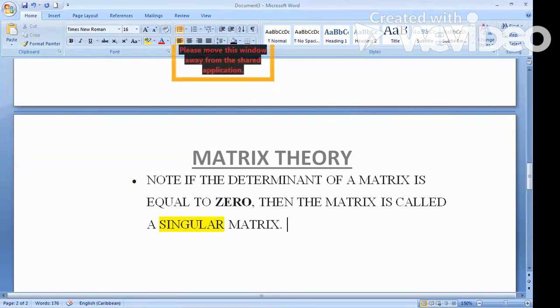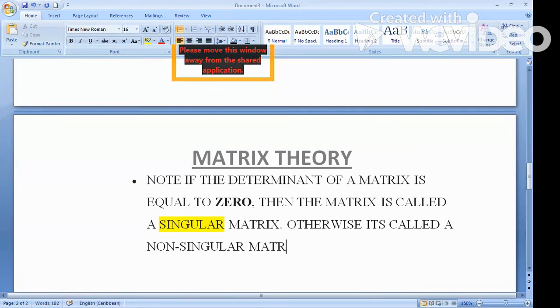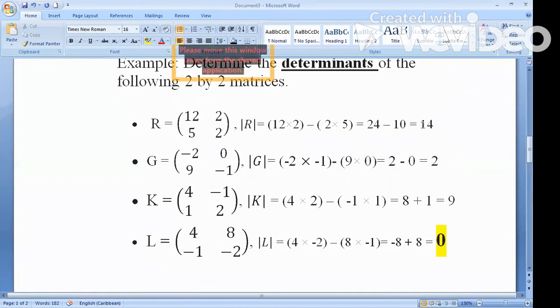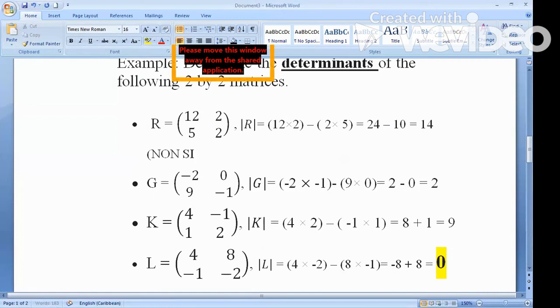Otherwise, it's called a non-singular matrix. For example, these are what?